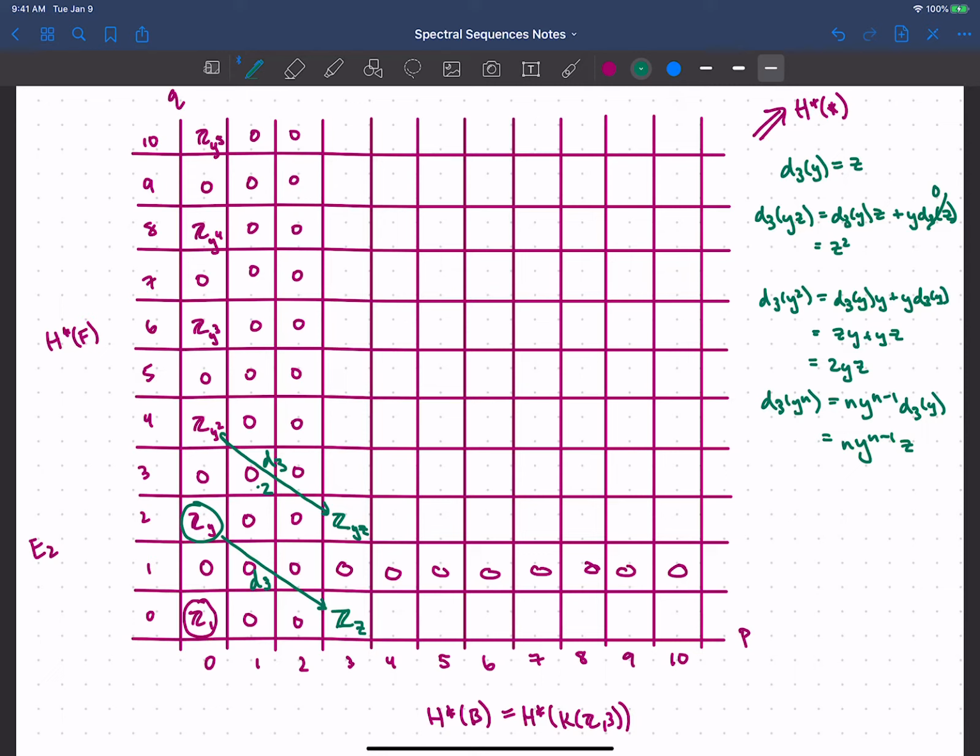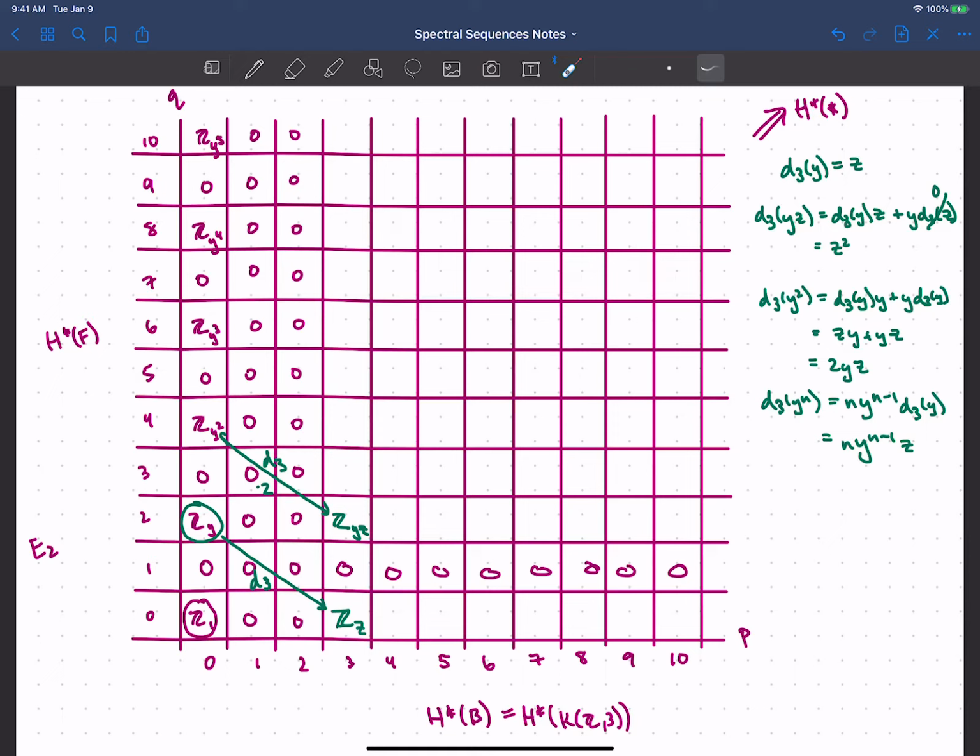What do we want to do next? So, yes, okay. Now that we have this injection, that means that everything here will die on the E3 page, right? It won't live to the E4 page because it's not in the kernel. But when we look at this spot, we see we have a copy of the integers, and then coming in is the times 2 map.